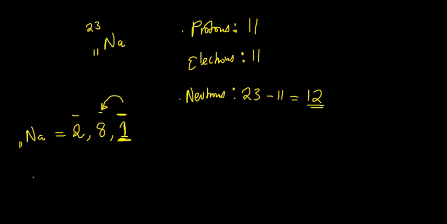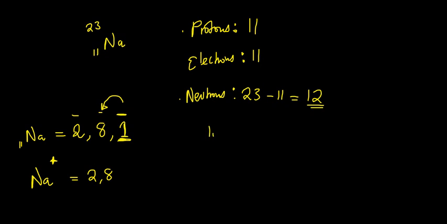Because sodium is only losing 1 electron, it will become an ion. Every time an atom loses an electron, it becomes positively charged. Because it has lost only 1 electron, it is going to have only 1 positive charge. So the configuration remains 2, 8. So it has now only 2 shells.